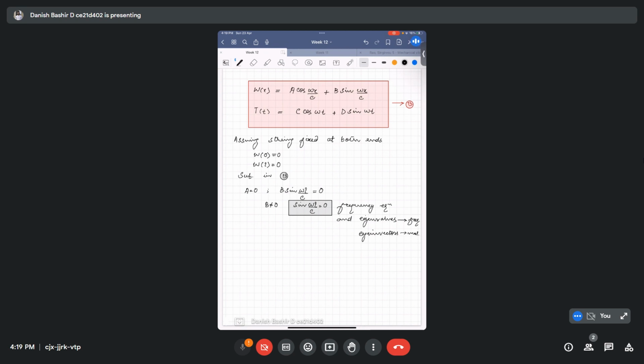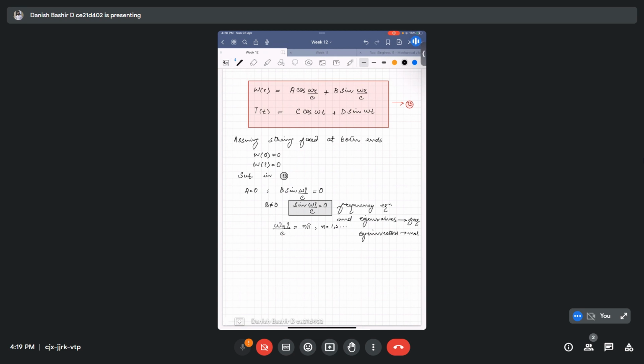For sin omega l by c equal to 0, the nth natural frequency omega n times l by c should be equal to n pi, because for each integral multiple of pi, sin is equal to 0. Here n can run from 1 up to n.